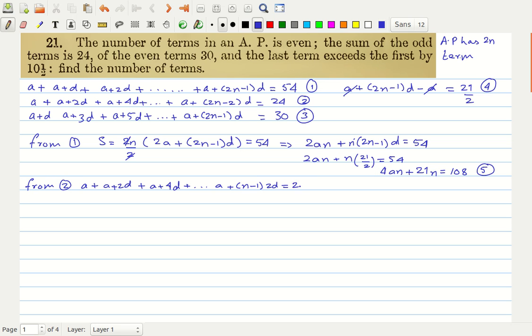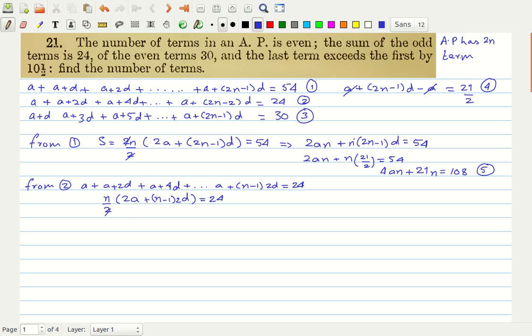This is equal to 24. So this is an AP where the first term is a, the number of terms is n, and the common difference is 2d. So what will be the sum? From 2 the sum will be n by 2 times (2a plus (n minus 1) times 2d), and this is equal to 24.